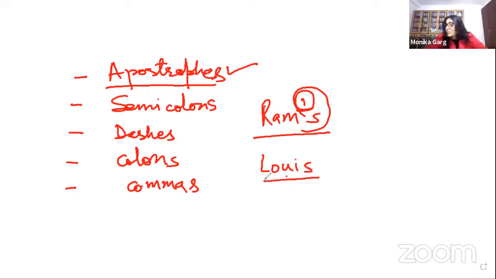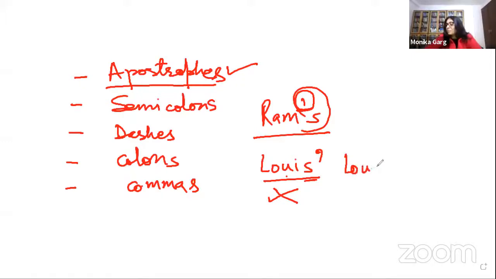If I say Louis, and if I need to put this into possessive case, when I ask this question from my students, most of them think that since it is S at the end, it should be only apostrophe and not the S. 99% of the people mark that as the answer, and that's actually incorrect answer.